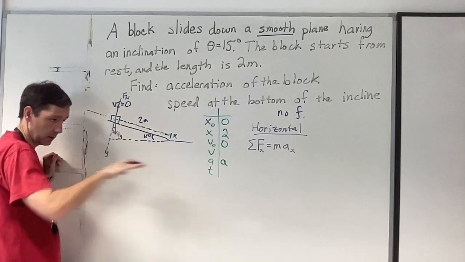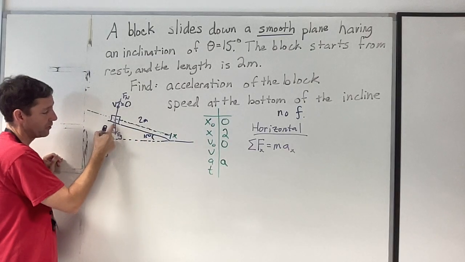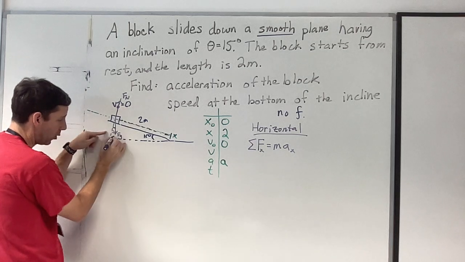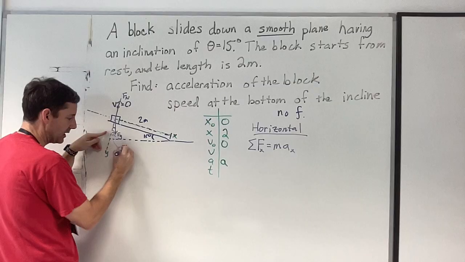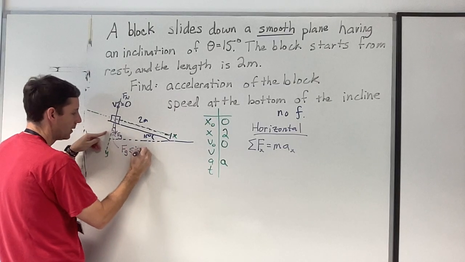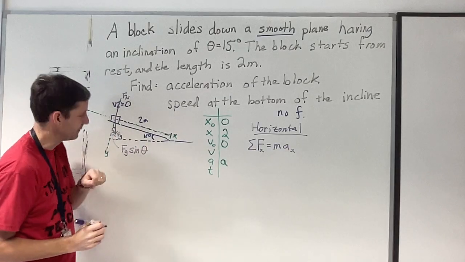It's not parallel to the ground. Okay, so that one right there is opposite my 15-degree angle. So therefore, that horizontal piece right there is going to be Fg, opposite will be sine theta, where theta is 15.